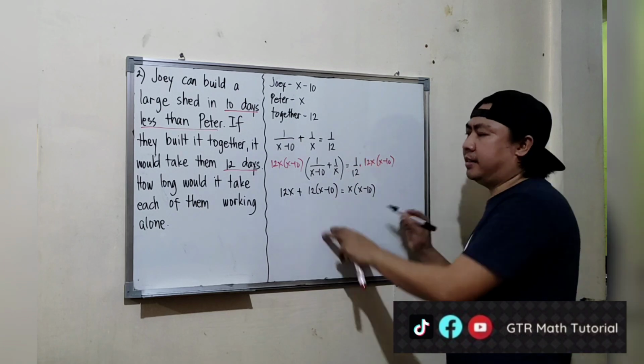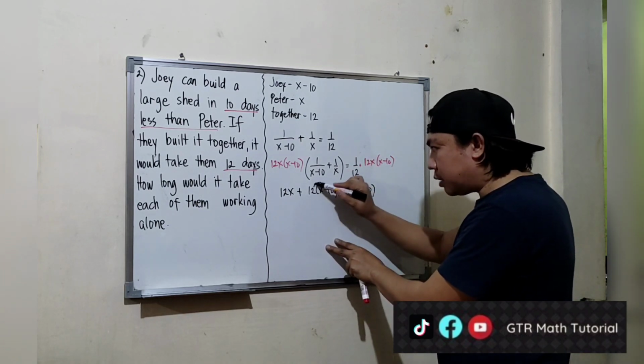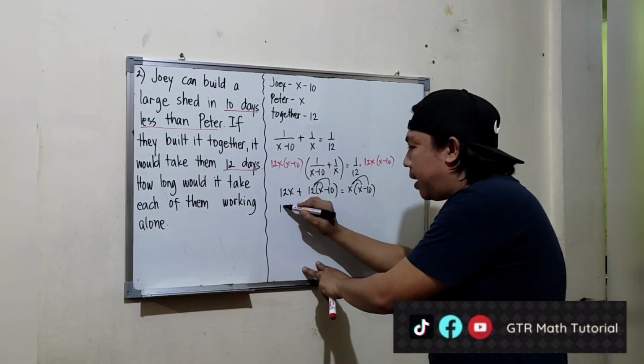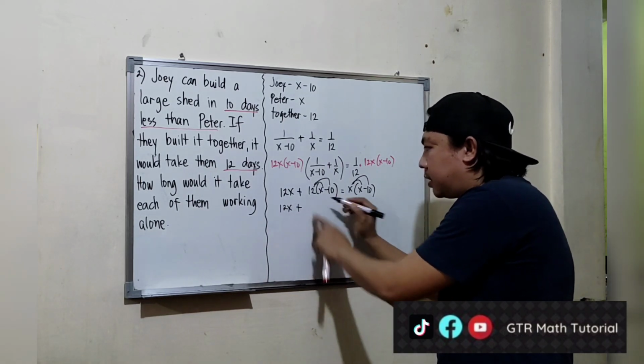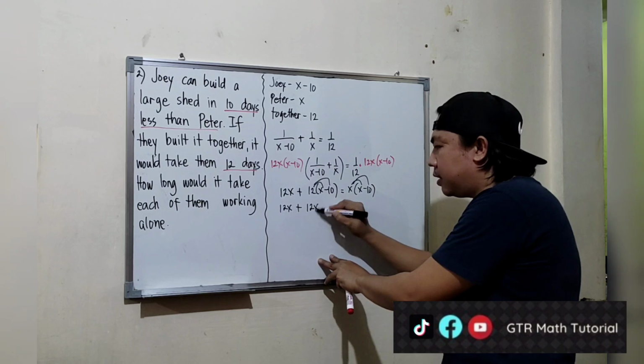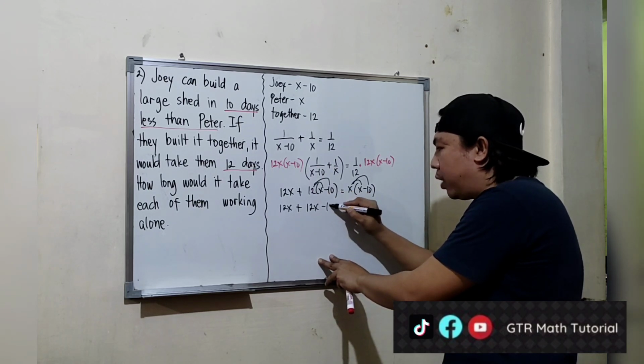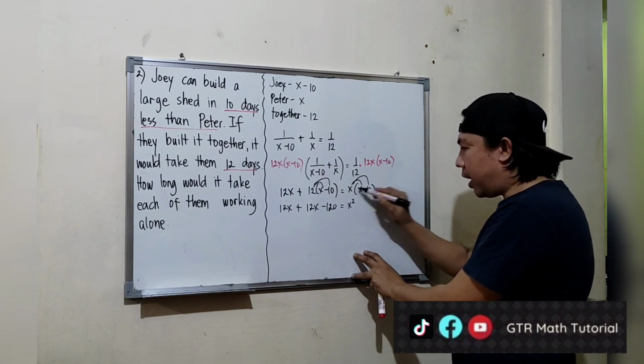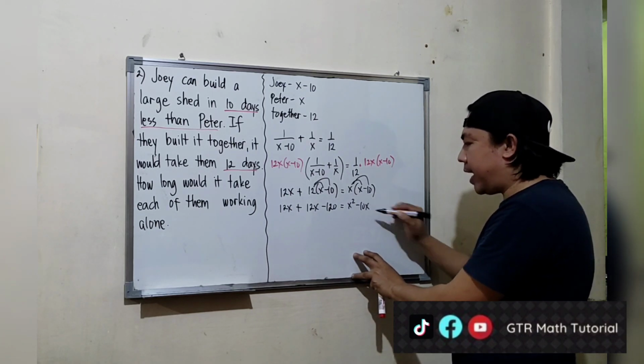Then distribute 12 to x minus 10, and distribute x to x minus 10. So we have 12x plus 12x, 12 times negative 10 is negative 120, equals x squared, and x times negative 10 is negative 10x.